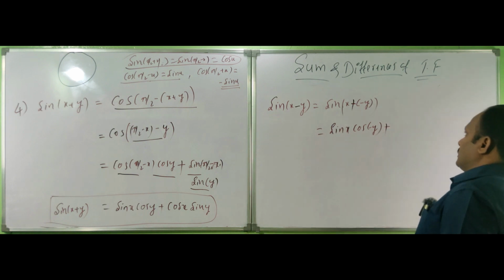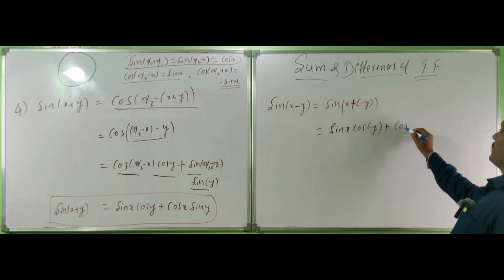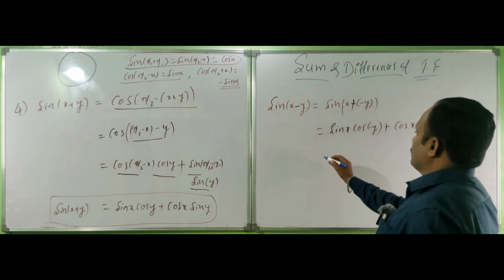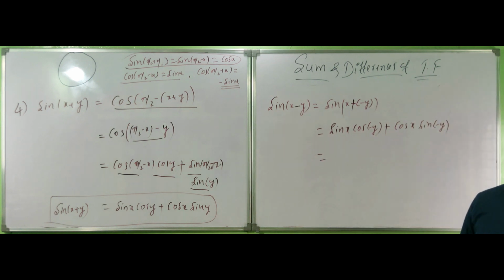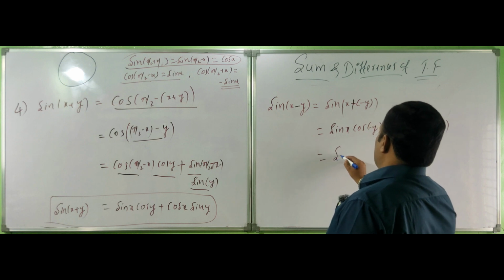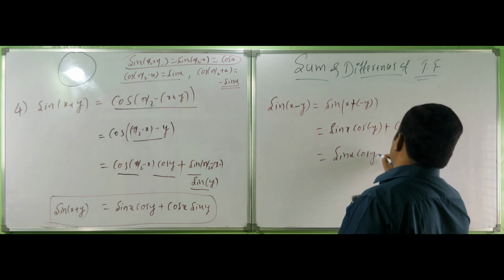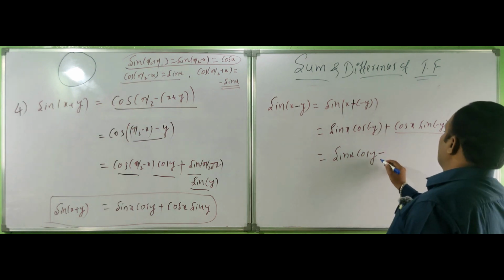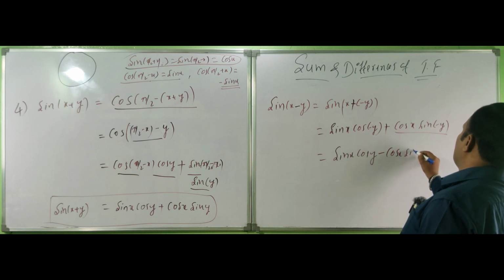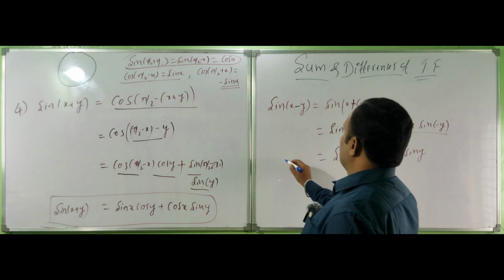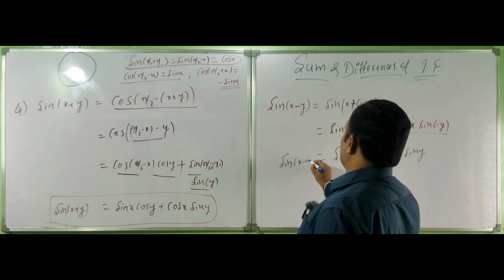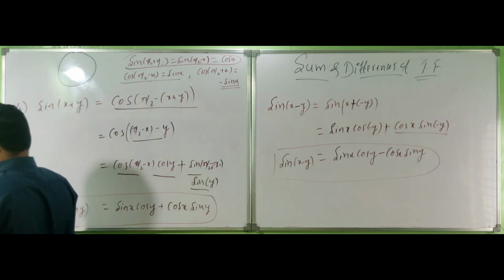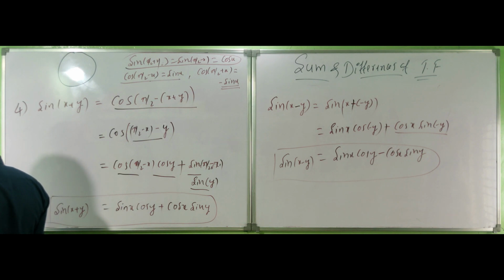For plus, it is plus. For the cos I am writing x, and for sin I am writing minus y. So this gives sin x, cos of minus y is cos y. So this gives sin x cos y. Sin of minus y is minus sin y. Therefore, minus cos x into sin y. So sin of x minus y gives sin x cos y minus cos x sin y.